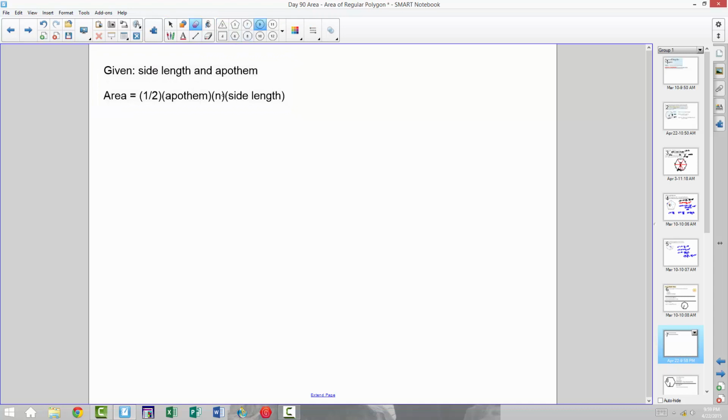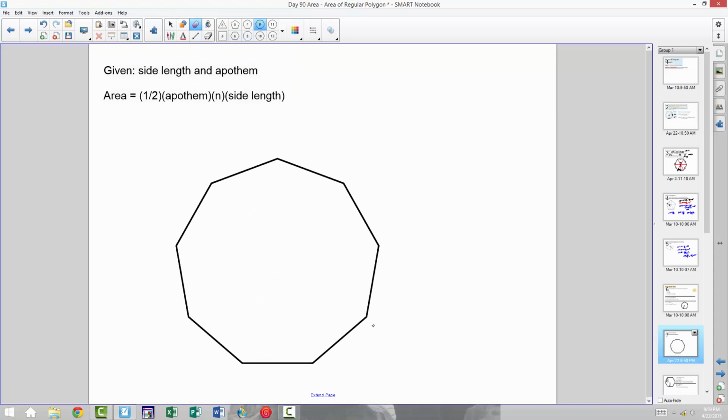So we'll go with a nonagon. So I have 9 sides. This is a regular nonagon. And I want the area. So if I want the area, here's the center. That's perpendicular. And I'll say this is 5, and this is the apothem. We'll go with 8.